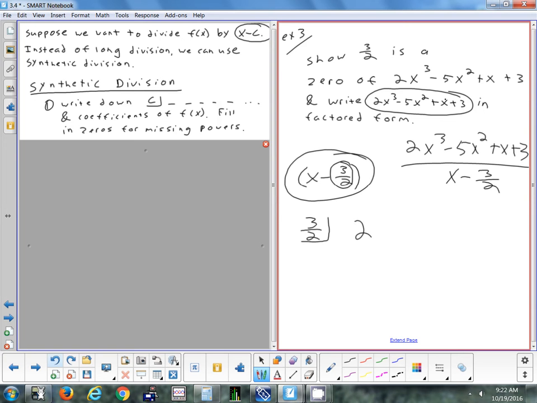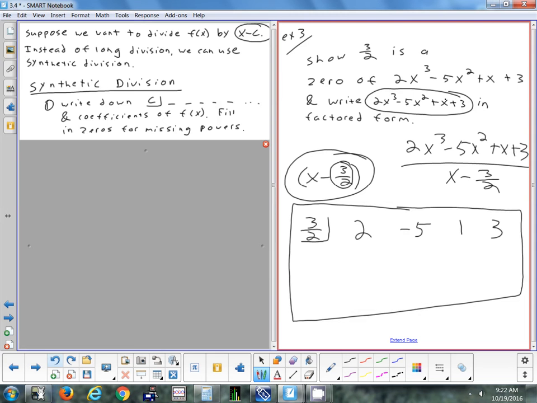What's nice about synthetic division? Well, 2 things. 1, you don't write any letters in the whole process. And 2, it's not going to take up any more space than what's in that box. So it's not like long division where it keeps going down and to the right.